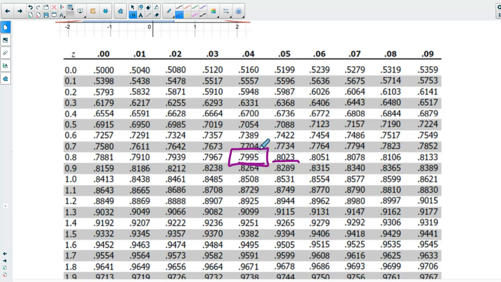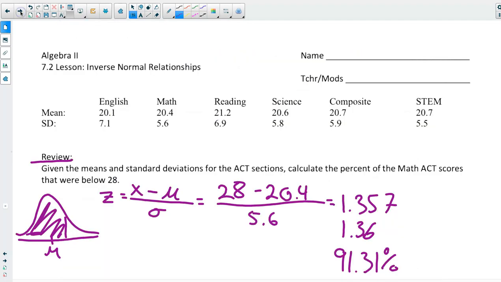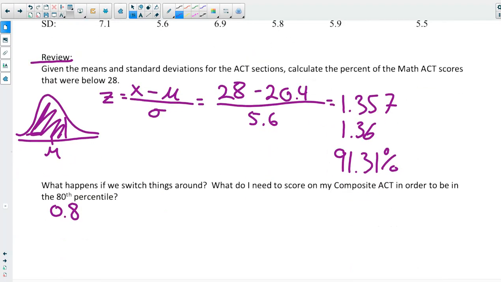And so, again, I work backwards. I look, what row is that? What column is that? So that's going to be 0.84. That's my Z-score that I need to be in the 80th percentile. So we go there. And so 80th percentile, my Z-score is going to be 0.84.